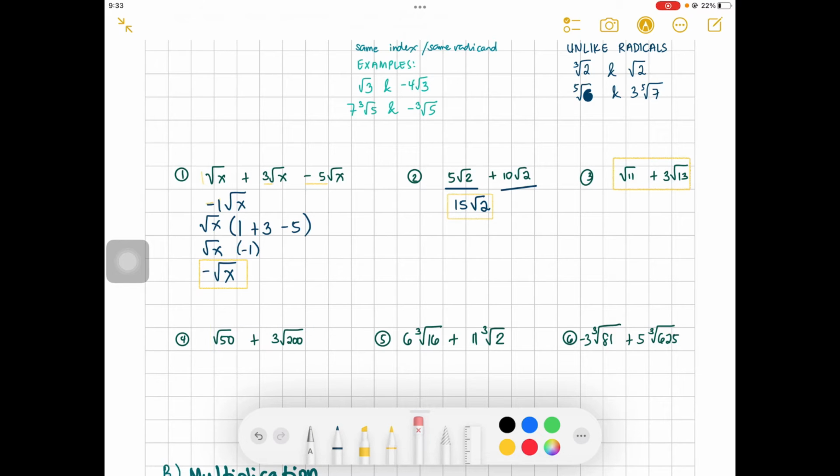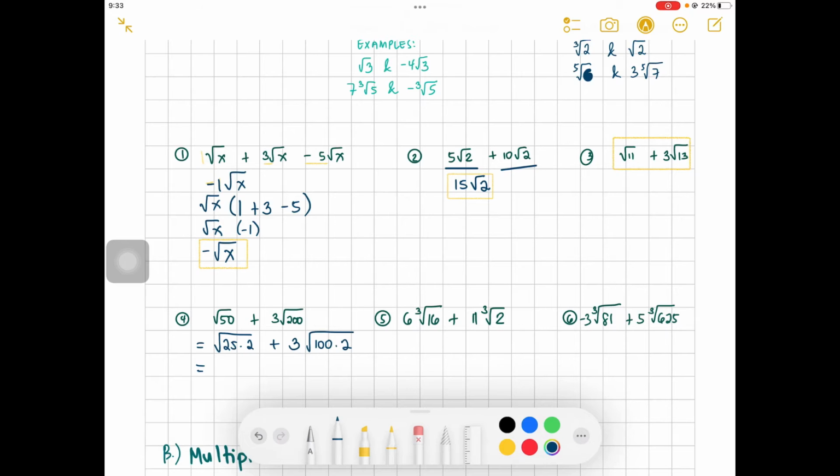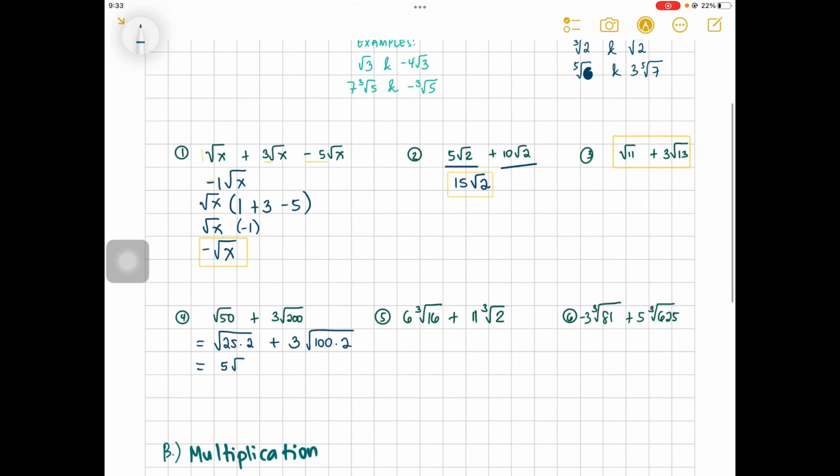So square root of 50 is written as square root of 25 times 2. And then square root of 200 can be written as square root of 100 times 2. Okay, we can extract square root of 25. 5 square root of 2 plus 3 times square root of 100 is 10. So what remains is square root of 2.